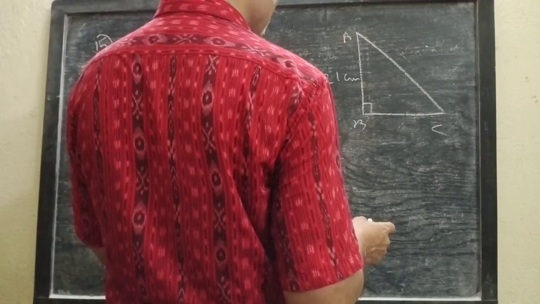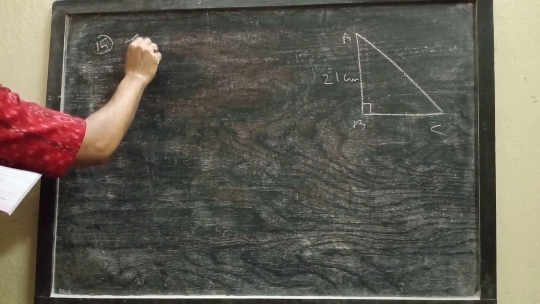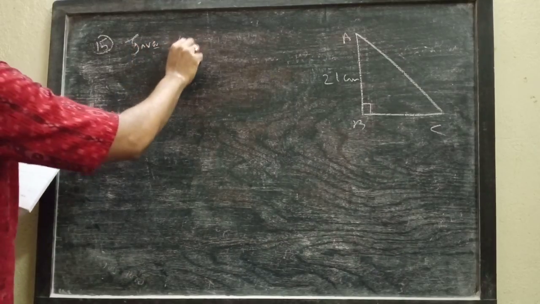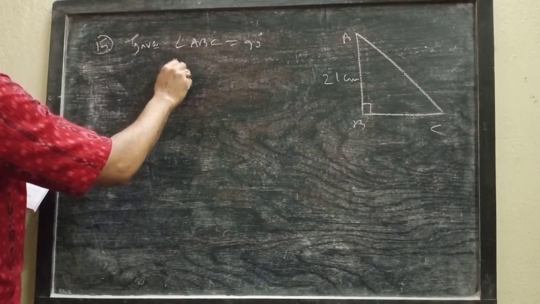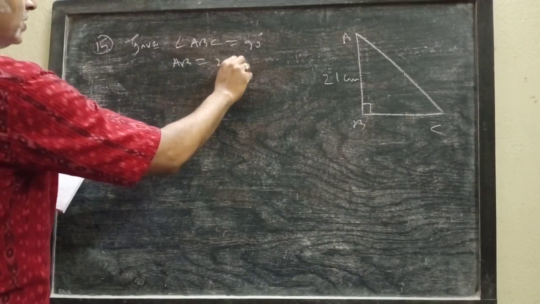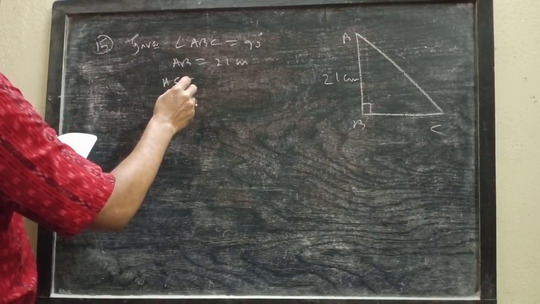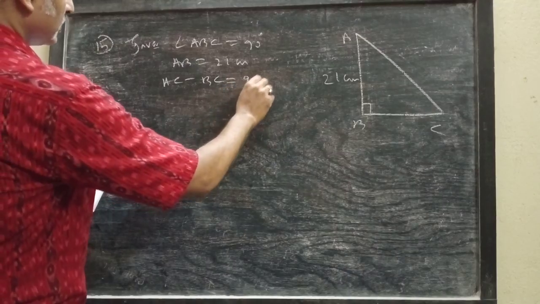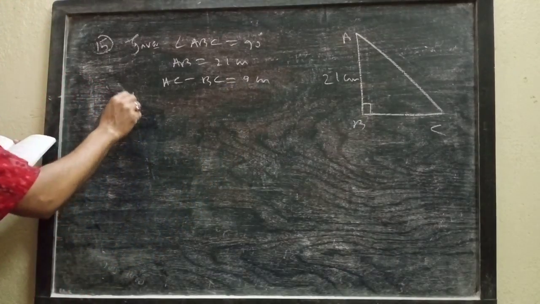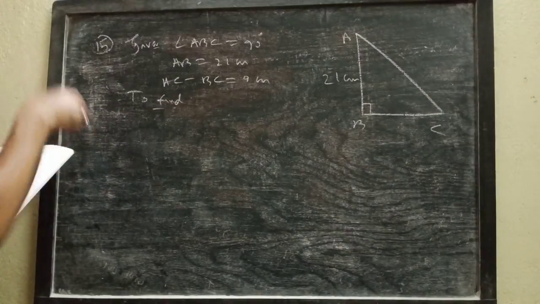AC minus BC is 9 centimeter. Given angle ABC 90 degree, AB 21 centimeter and AC minus BC is 9 centimeter. To find sin C and cos C.